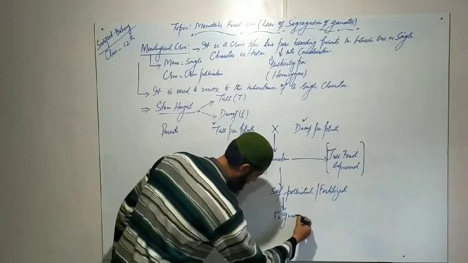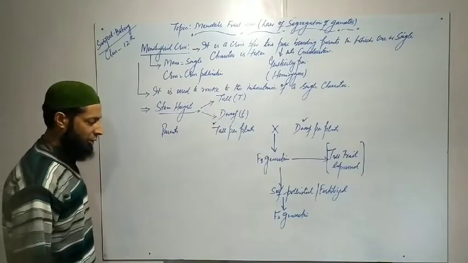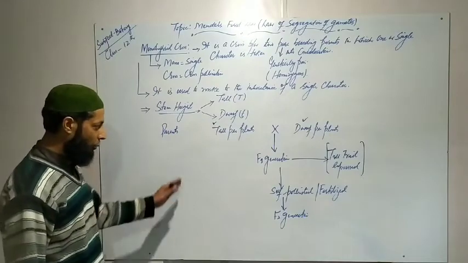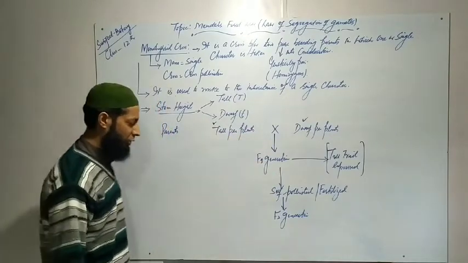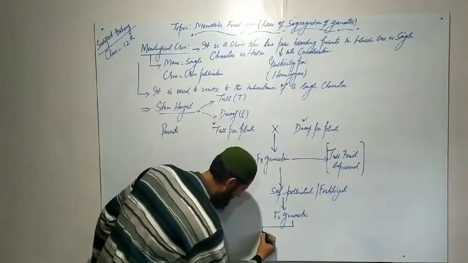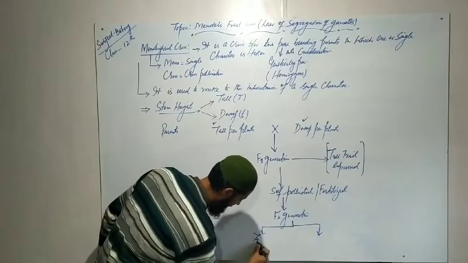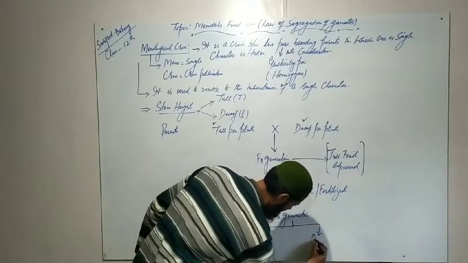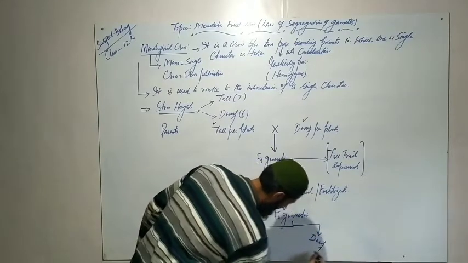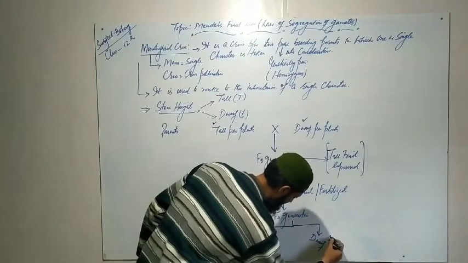Here, both these traits are again expressed in the ratio of 3:1. That means it forms two types of plants, tall and dwarf, in the ratio of 3:1.